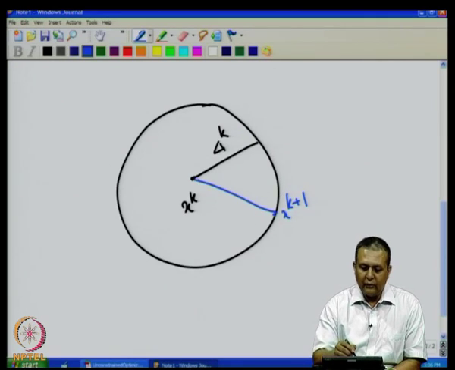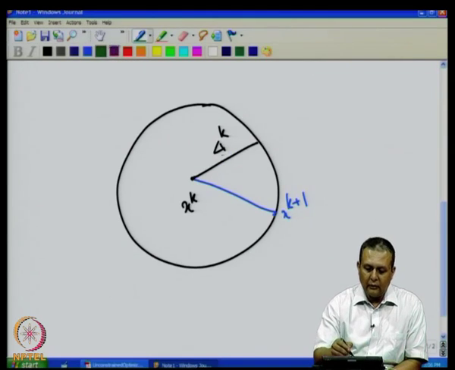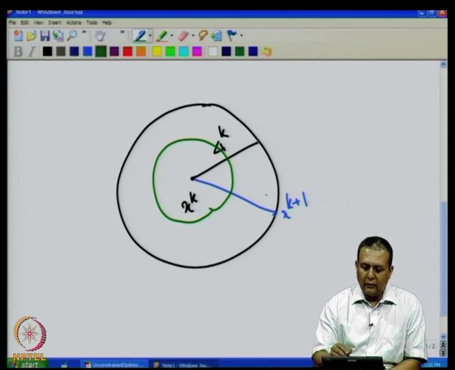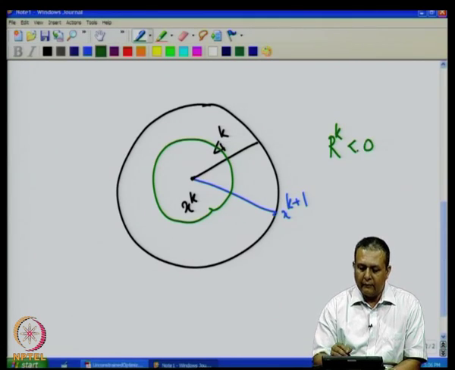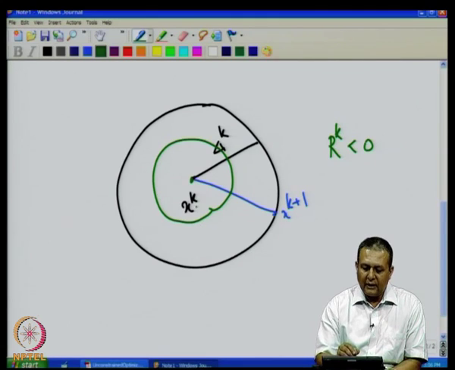So, we reduce the region of trust to a new quantity. So, this is the case where R k is less than 0. So, the new region of trust is defined, and then x k plus 1 is same as x k.